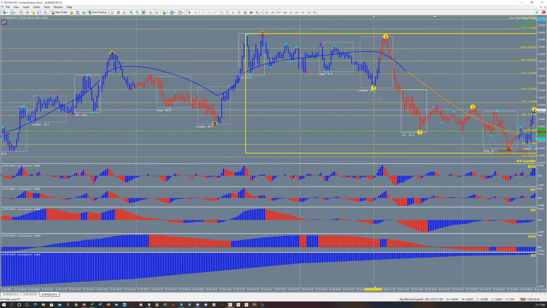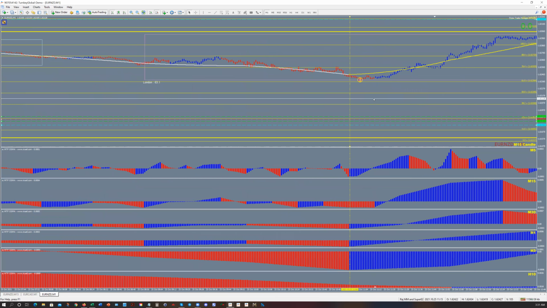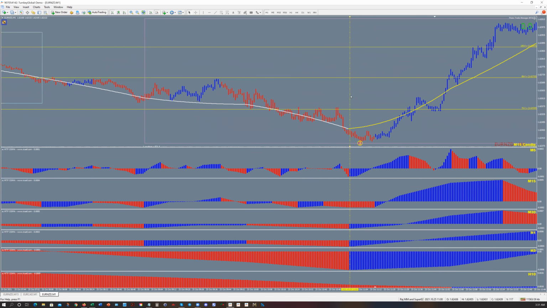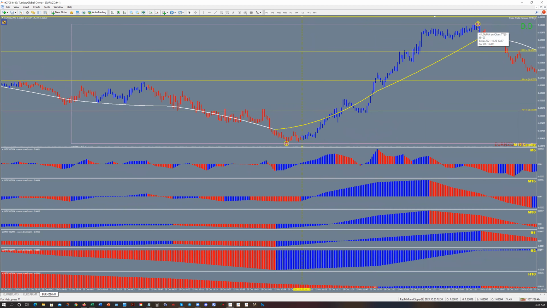Now, if you move that down to the 1 minute and say, okay, where's my entry? My entry here could be only a couple bars off. So you take your entry here. And where's my exit? There's my exit, 3-ball.